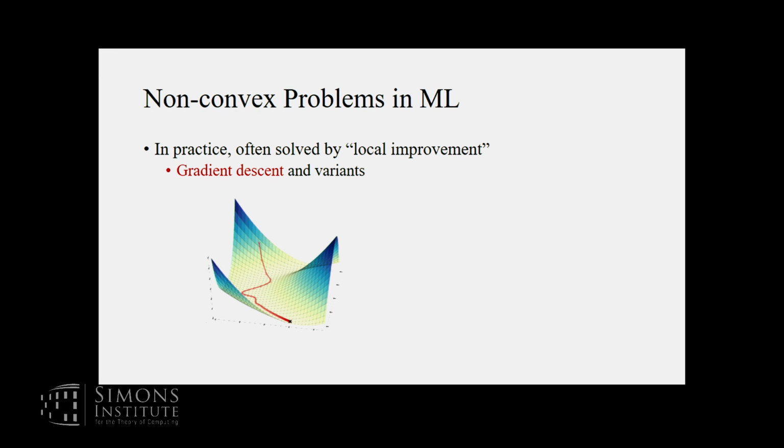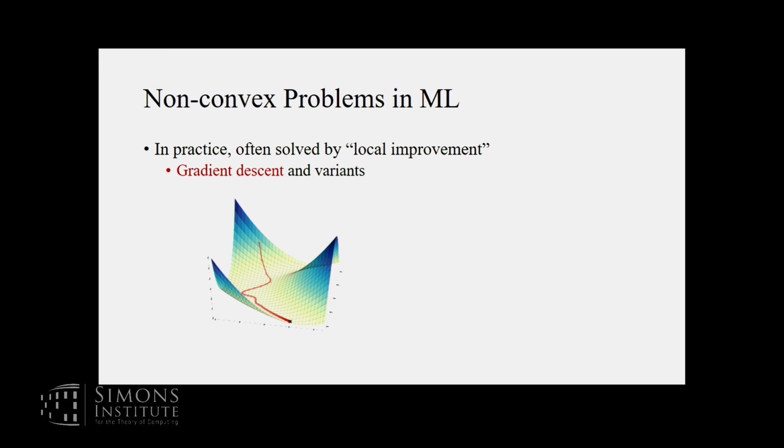By that I mean this simple method often has multiple iterations, and at each iteration we just look at the information at the current solution and try to get some local improvement. The most commonly used one is so-called gradient descent, and its variants such as stochastic gradient descent.